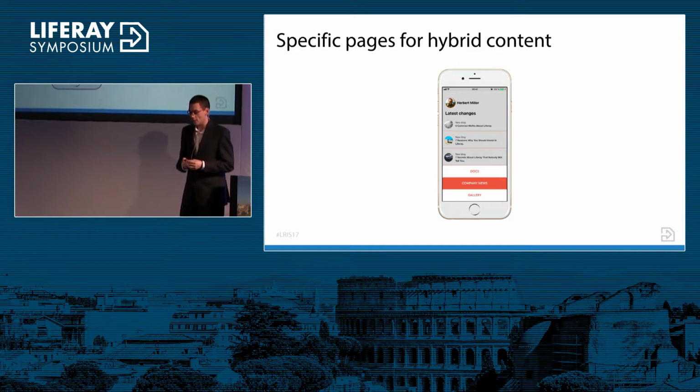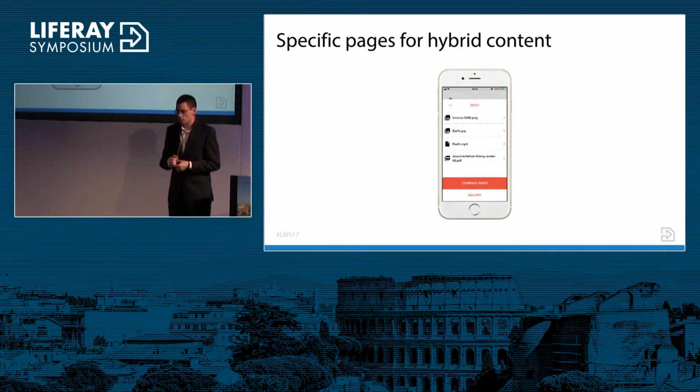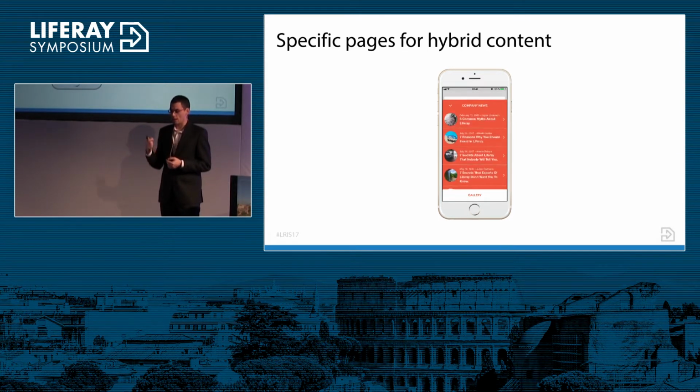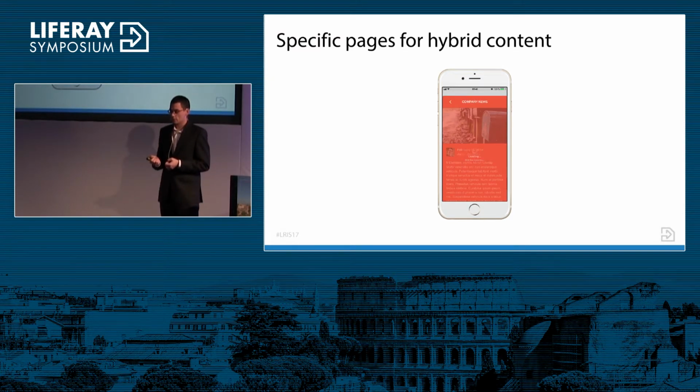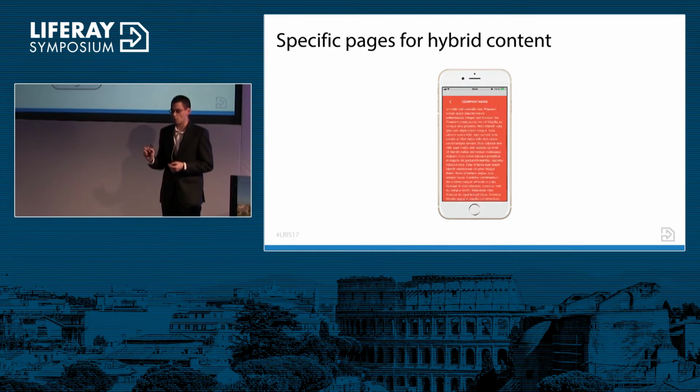This is a demo application created with the new screenlet. Here, all the content, all this list, the documents, the company news, that's blog entries, or the gallery, everything is rendered with hybrid content. Everything is web.